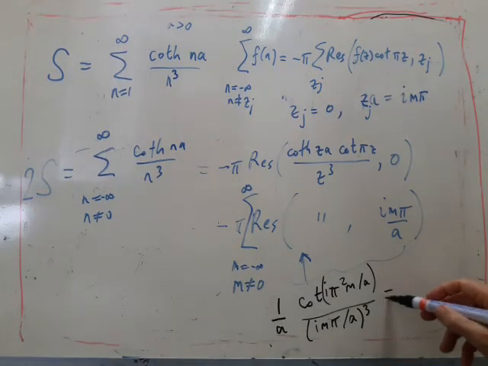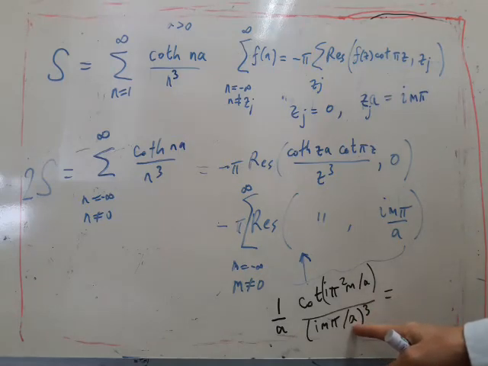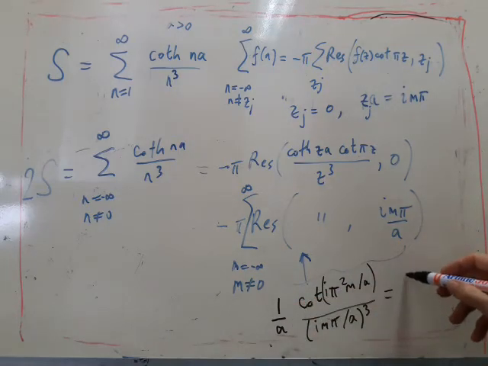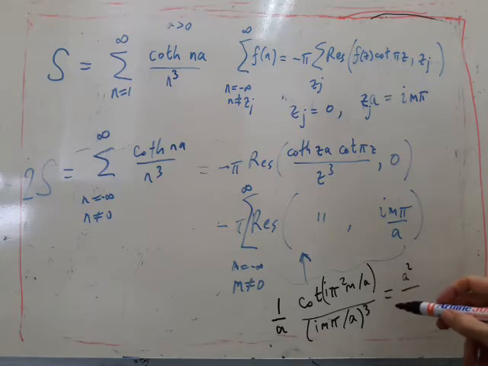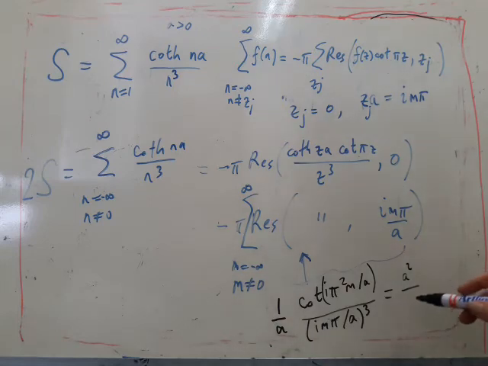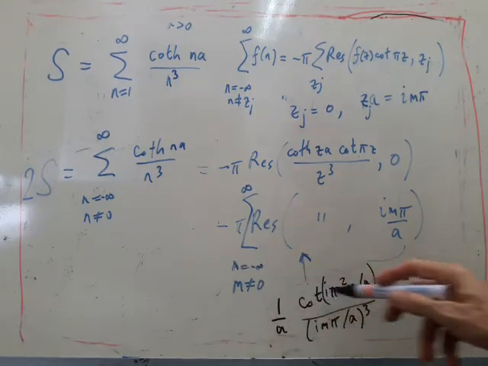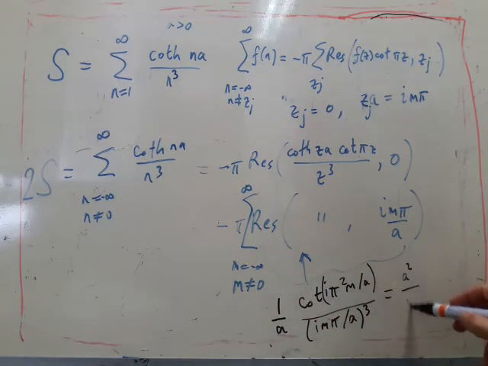So simplifying this, where the 1 over a cubed gives us a squared on the top, and we've got pi cubed on the bottom, and also m cubed.